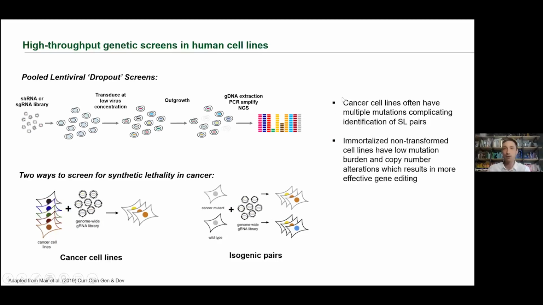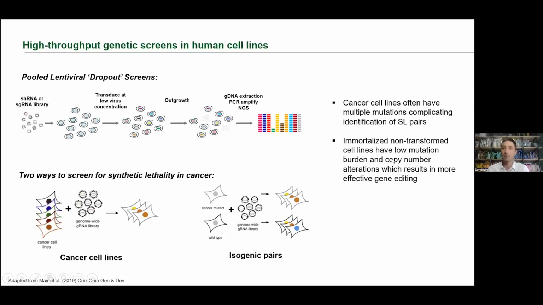However, cancer cell lines often have multiple mutations and multiple different copy numbers of genes, which sometimes makes it very difficult to do CRISPR in them. It also complicates identification of synthetic lethal pairs due to the messy mutations in the background. So the preferred method that we like to use at Repare, and many others, is the isogenic pair method, where we use an immortalized non-transformed cell line, like an hTERT immortalized cell line.